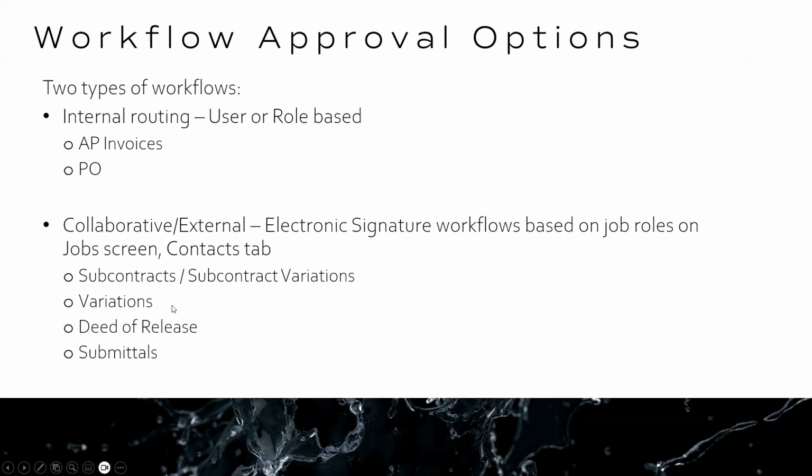And the most common would be the likes of your subcontracts or your variations. So what might happen is the CA enters a subcontract, they send it to the PM for approval. Then it goes to the vendor for signing and then comes back to the PM for countersigning. And then the final signed version of the document gets forwarded out to all the parties.